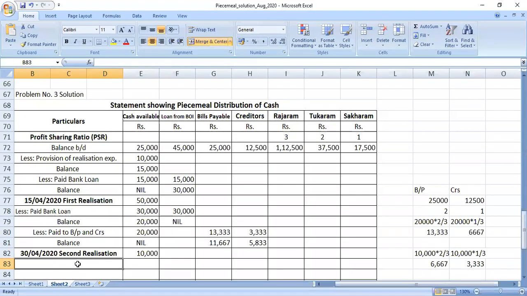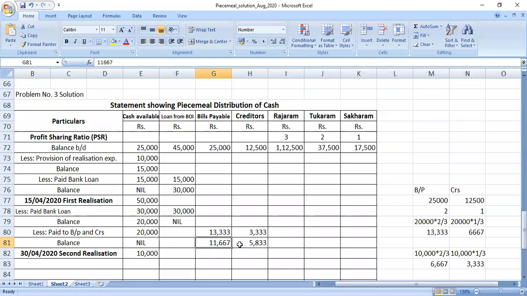we have to pay the creditors and bills payable. Now we have only 10,000 rupees, and we have to pay bills payable 11,667 and creditors 5,833.